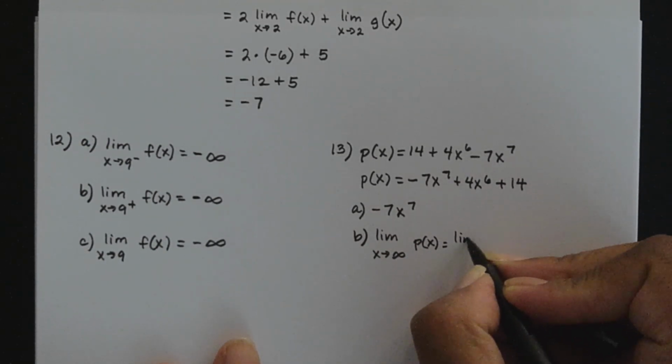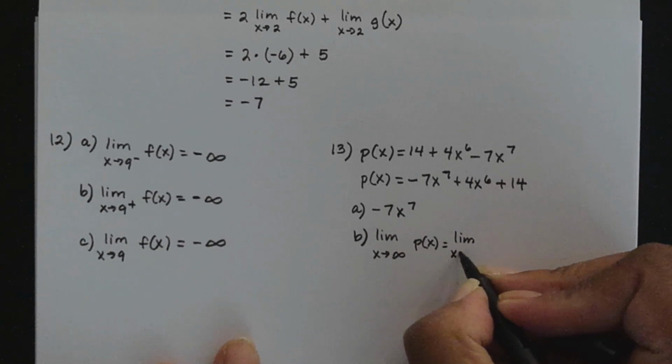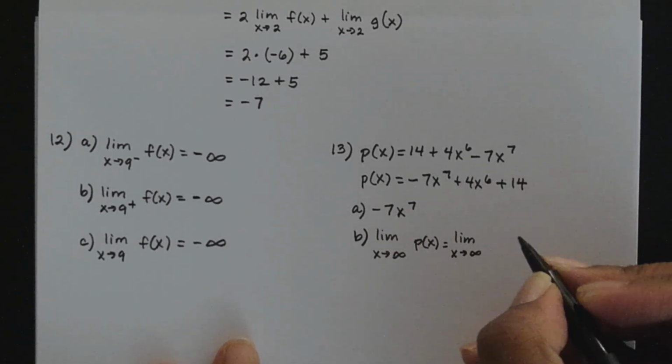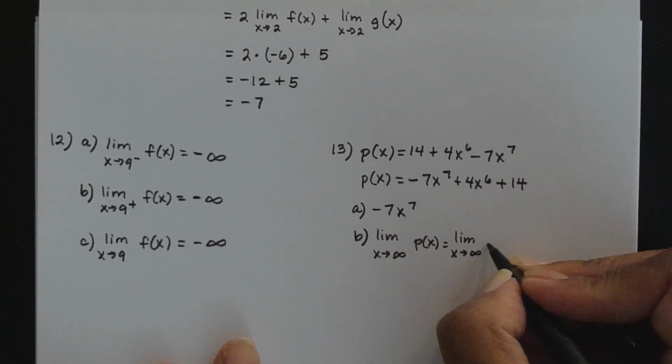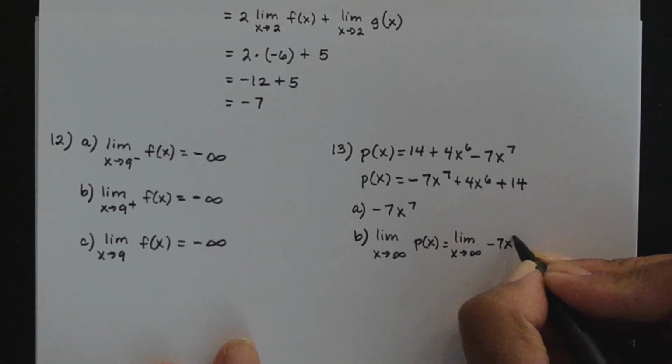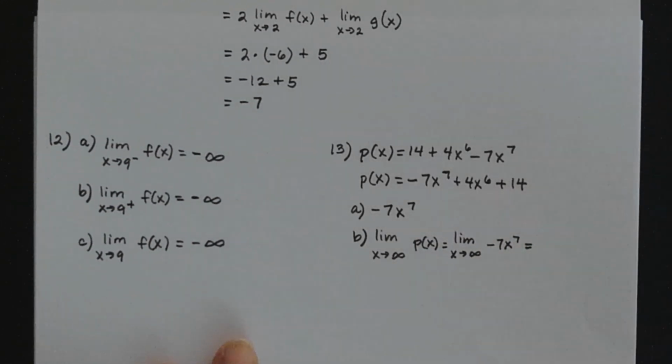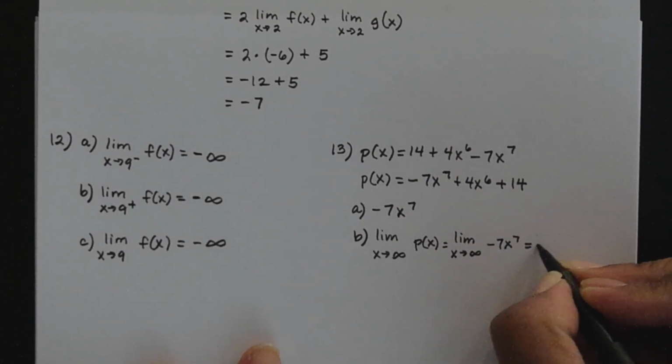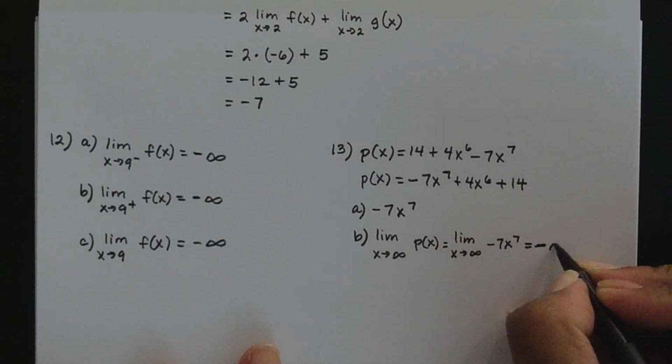And I'm using the leading term, negative 7x to the 7th. So where do you think this is going to go off to? Just infinity? It'd be negative infinity, because of the negative in front of that 7. Yeah.